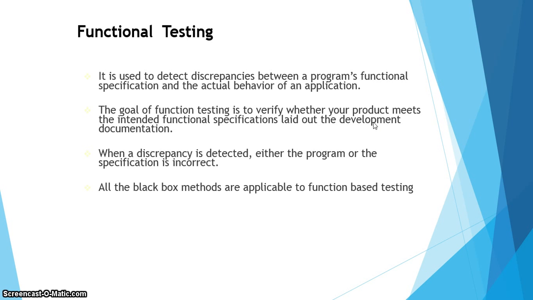And as soon as you find a defect, you log the defect in a tool like Quality Center. Now for functional testing, all the black box methods which I evaluated in the last training session, that is mainly equivalence partitioning and boundary value analysis, are utilized here for functional testing.